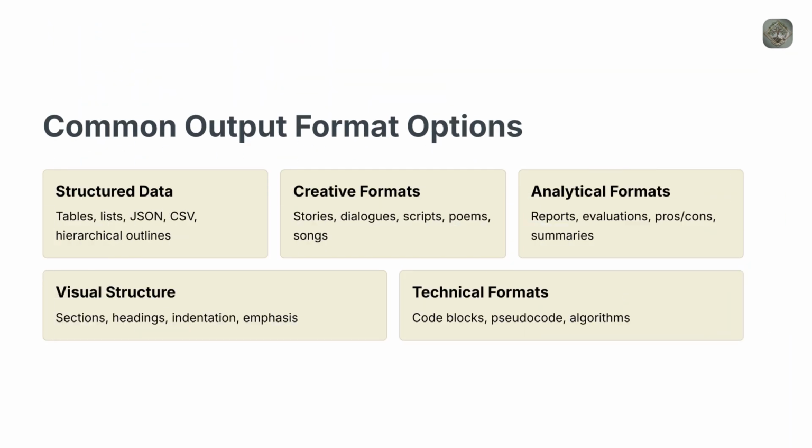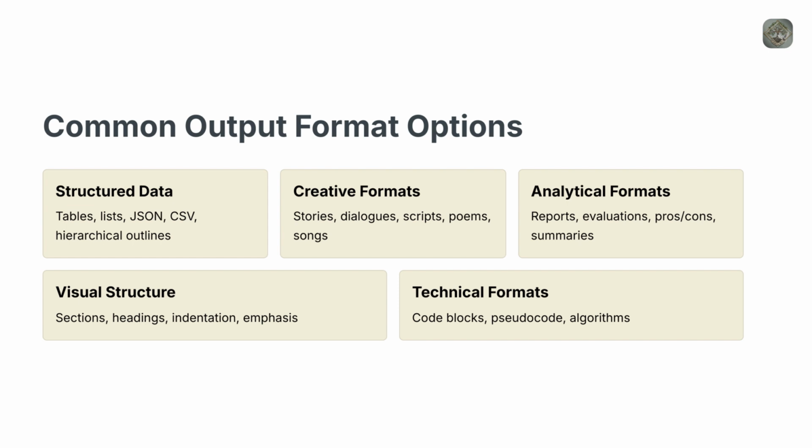AI systems can generate responses in a wide variety of formats to suit different needs. Structured data formats include tables for comparative information, bulleted or numbered lists for sequential steps, JSON or CSV for machine-readable data, and hierarchical outlines for organized concepts. Creative formats include stories and narratives, dialogues between characters, scripts for videos or presentations, and various creative writing forms like poems or songs.